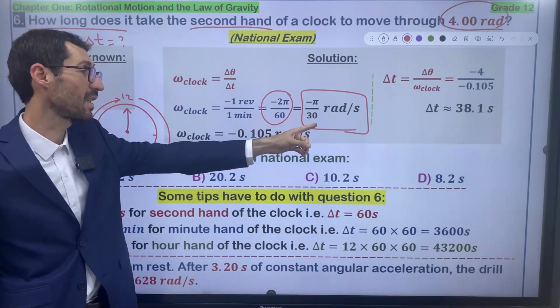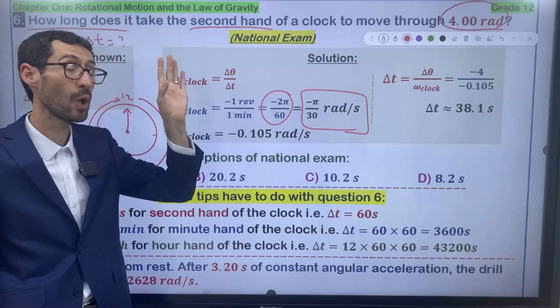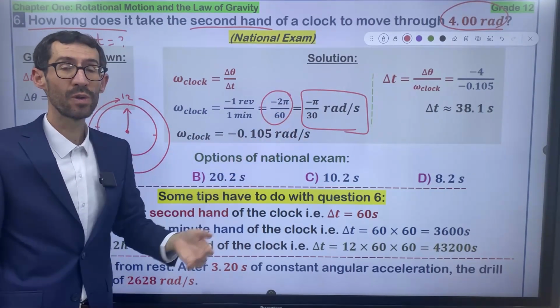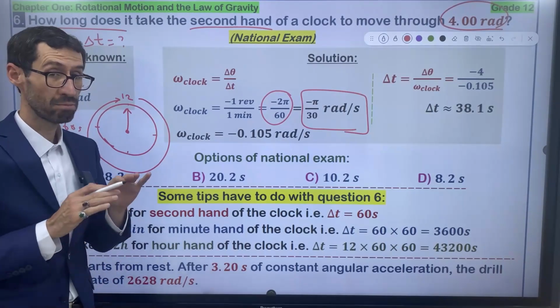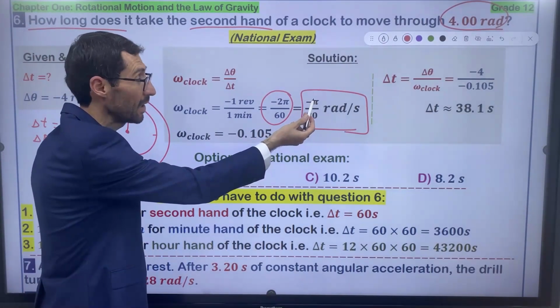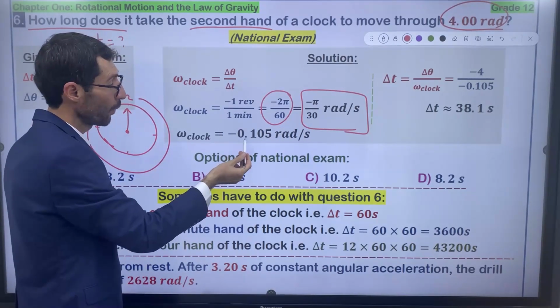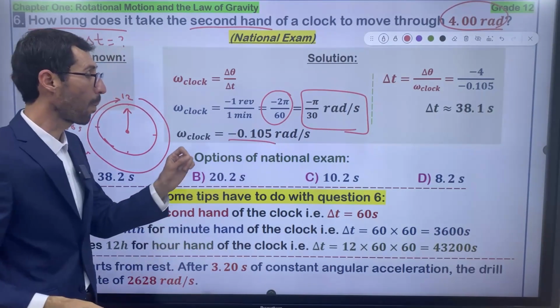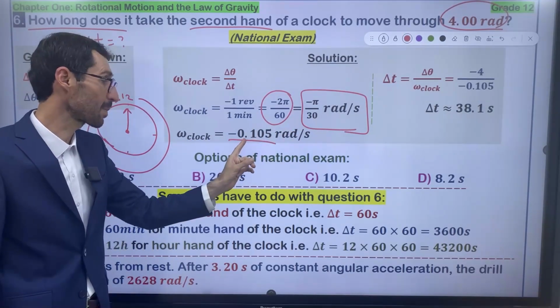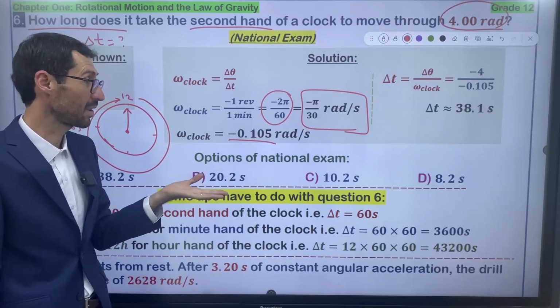If you convert it to a decimal, substitute 3.14 here and divide by 30, you find negative 0.105 rad per second. Either you memorize this one or this form, it doesn't matter.